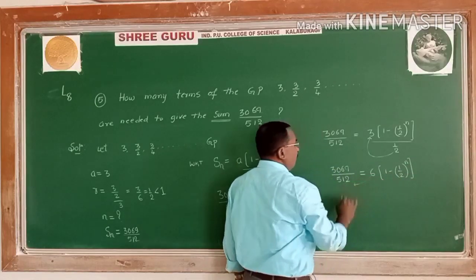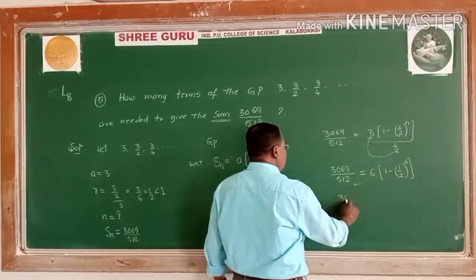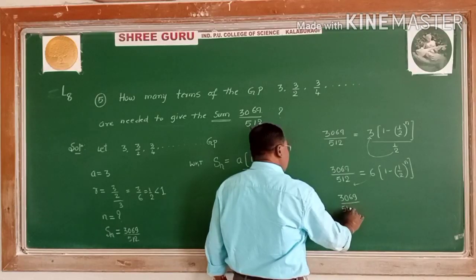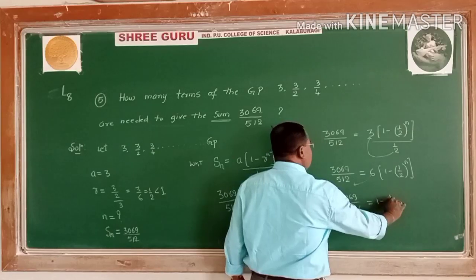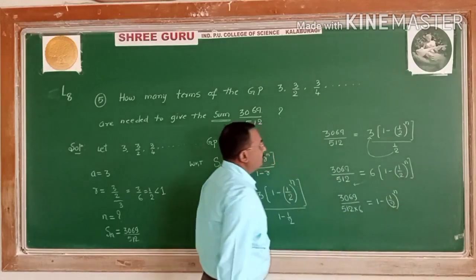Taking 6 down, 3069 divided by 512 into 6 is equal to 1 minus 1 by 2 whole power n.